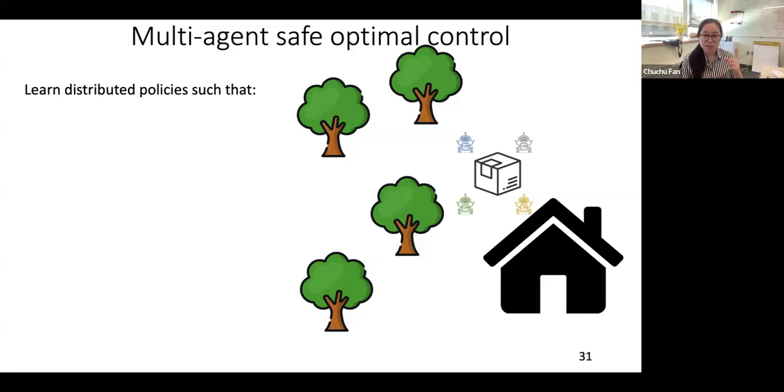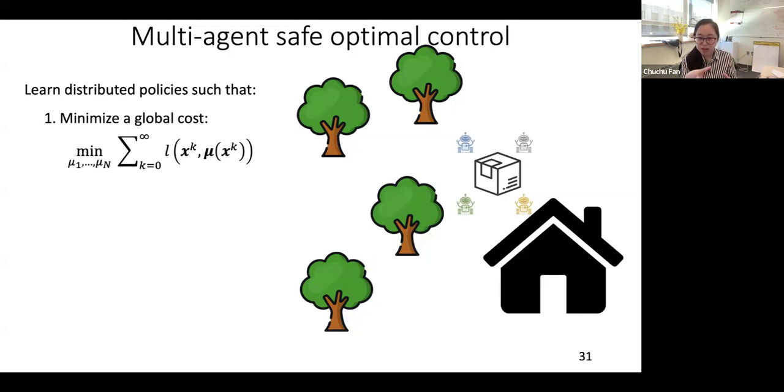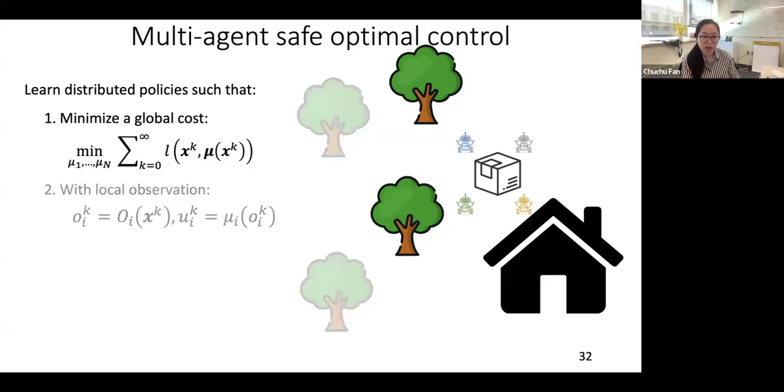Although there's a single objective, for example, to push the box, which means we have one global cost. The cost is defined globally, not for each agent, but we want the policy to be distributed. How would the agents work together distributedly, but for one central objective?